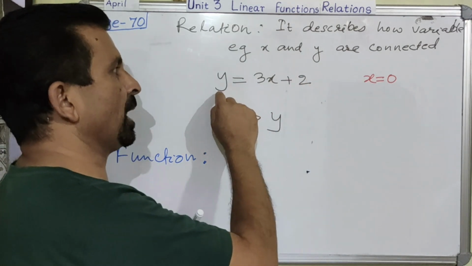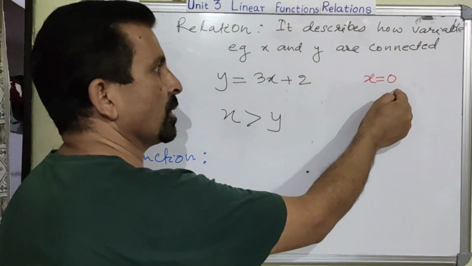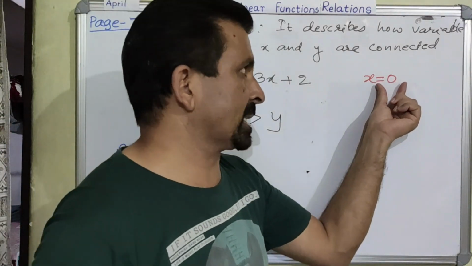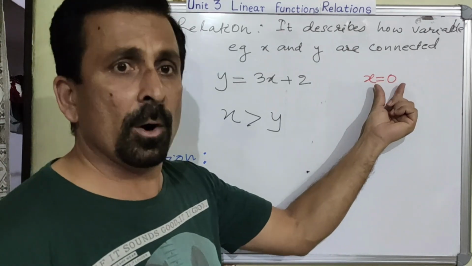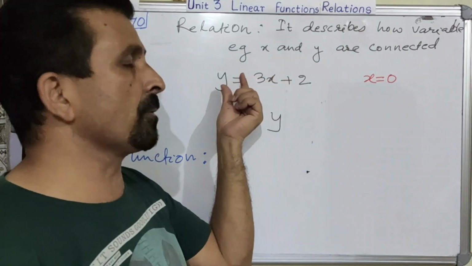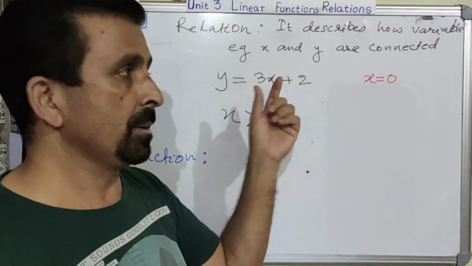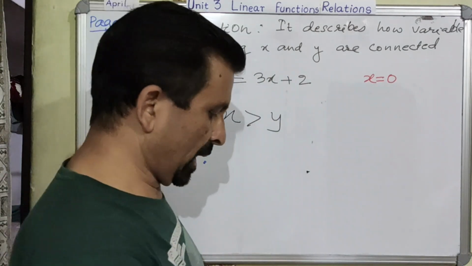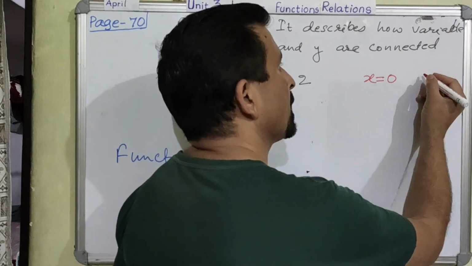So the value of y is 2 when x is equal to 0. So for a fixed value of x, you will have a particular value of y. When x is equal to 0, y will be only 2.